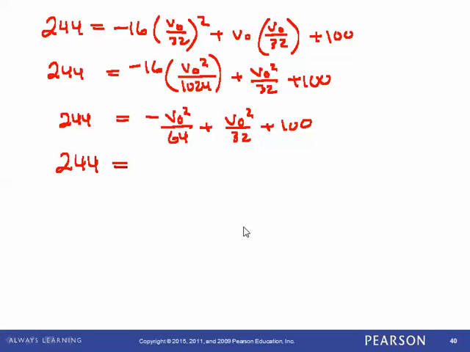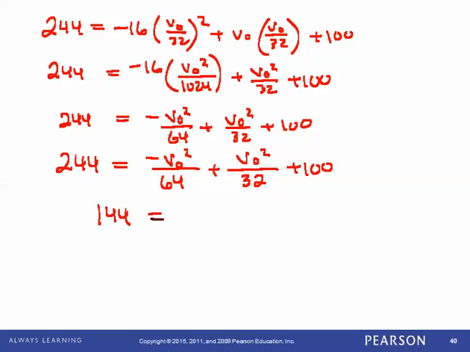Again, just simplifying some more here. Got to have a common denominator of 64. Or maybe we can just multiply through by 64. That'll probably be even easier. So I'm going to rewrite it so it doesn't get too messy. But let's multiply both the right and the left hand side by 64.